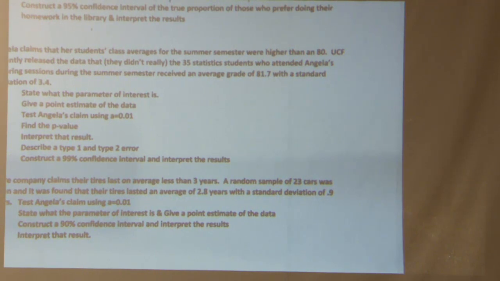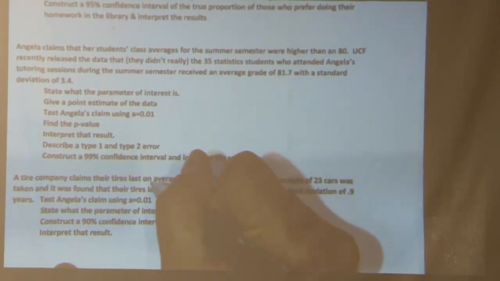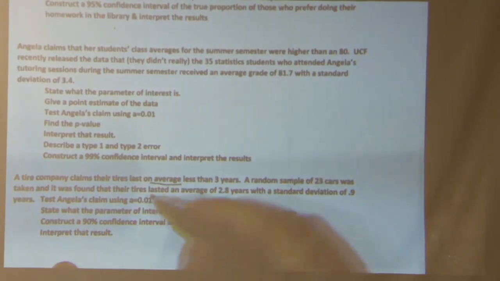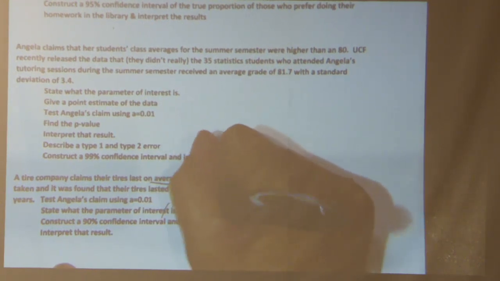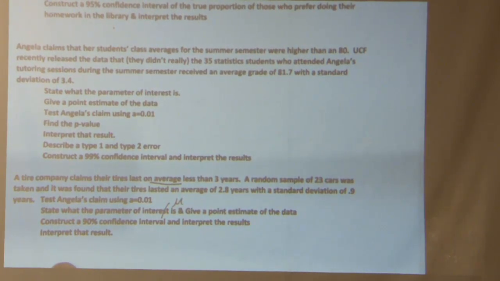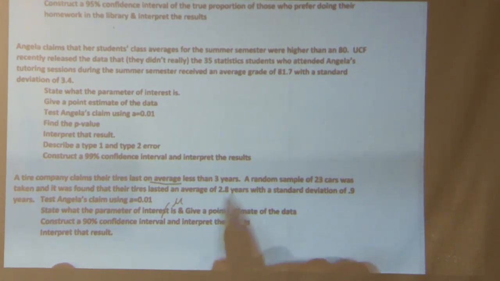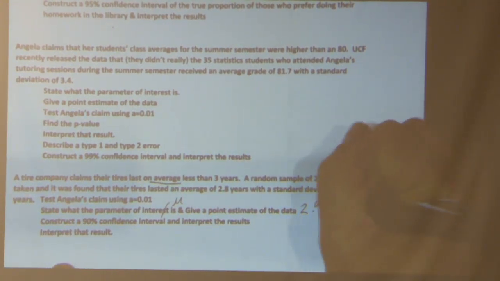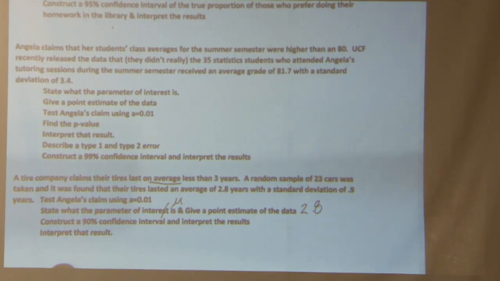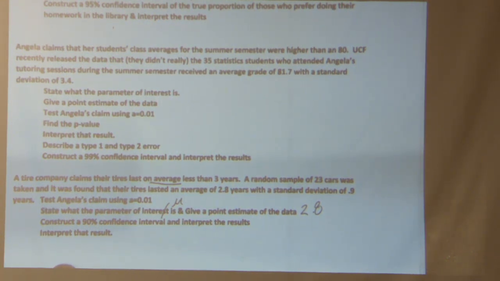So for this, since we're dealing with averages, our parameter of interest is going to be mu, and our point estimate is going to be the value of x bar, which was found to be 2.8. So we want to test the claim that the tires last on average less than 3 years.